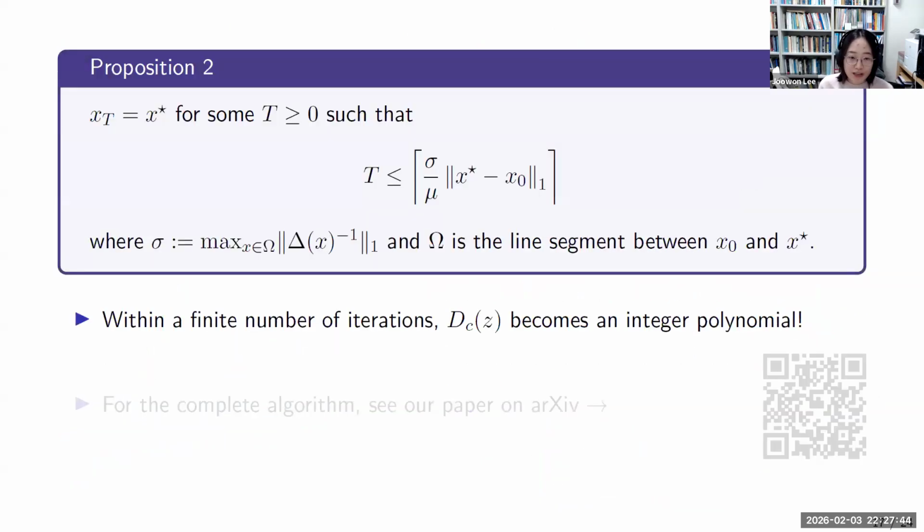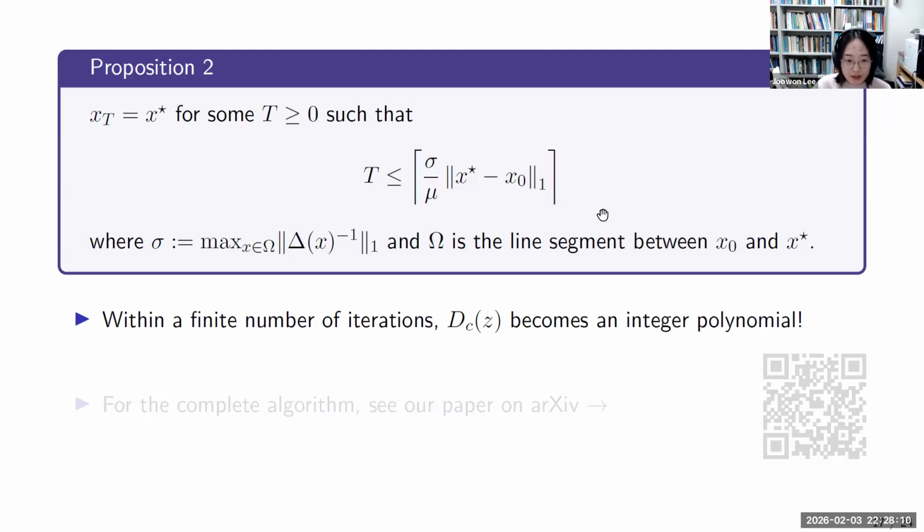And we have shown that with this control input, for any given initial state x0, the state will reach x star within a finite number of time steps, which is bounded like this.